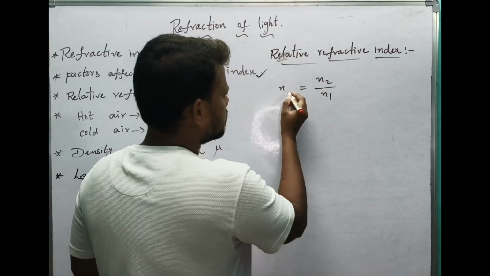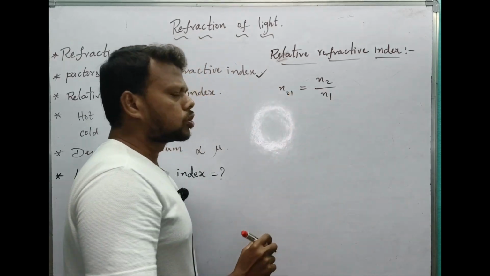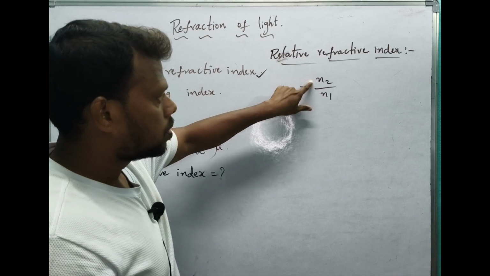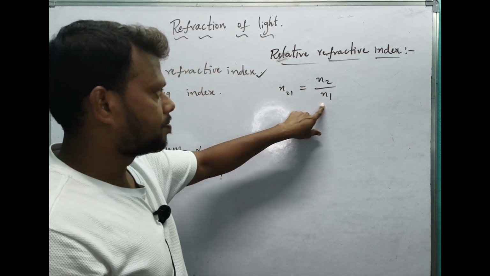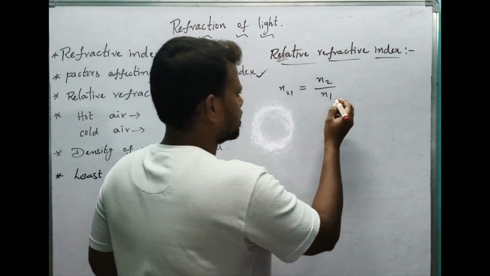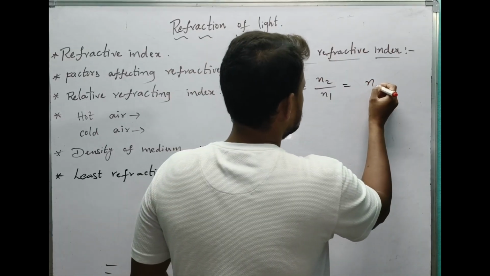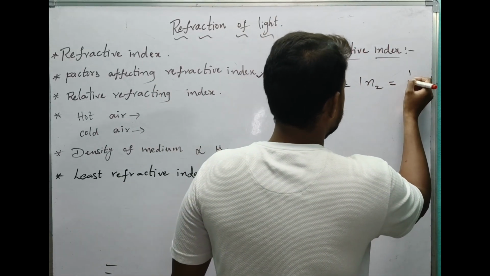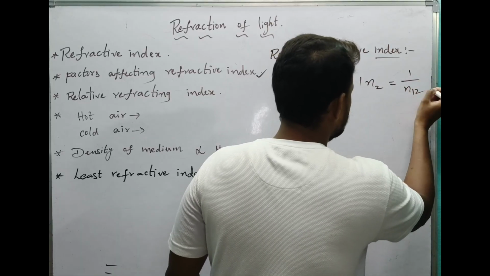Then what is the representation here? We write n21, refractive index of medium 2 by refractive index of medium 1. It can also be written as 1 by n12.